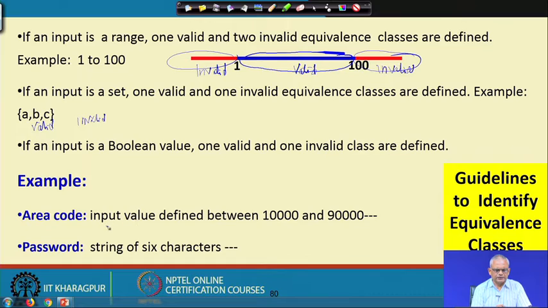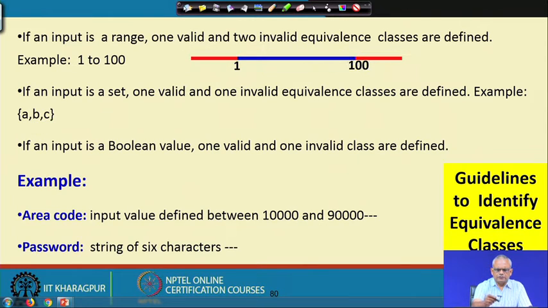Let us say a function takes an area code, that is the pin code, and the pin code has a value between 10,000 and 90,000. So, what are the equivalence classes here? We can see here that this defines a range, 10,000 to 90,000, and therefore, there will be three equivalence classes.